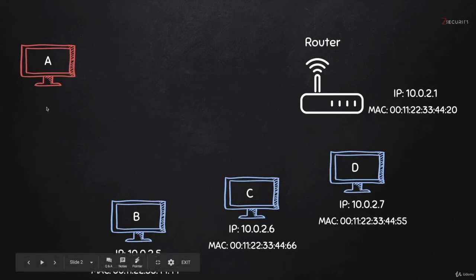And let's assume that device A needs to communicate with device C. Now we're also going to assume that device A knows the IP of device C, but as we know so far, in order for these devices to communicate within the same network, device A needs to know the MAC address of device C, because like we said before, the communication inside the network is carried out using the MAC address and not using the IP address. So this is a perfectly normal situation where we have a client that needs to know the MAC address of another client so that it can communicate with this client. So what this client does, it uses the ARP protocol.